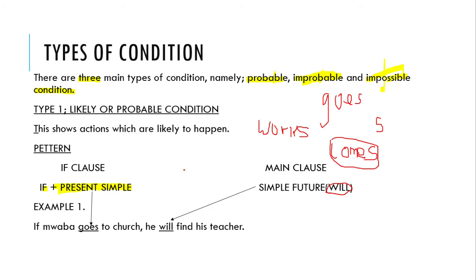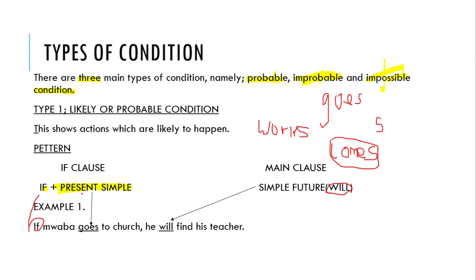The example number 1. If Mwamba goes to church, he will find his teacher. Look at this. The if is there. That's the pattern. The present simple showing repetition of the action is here.